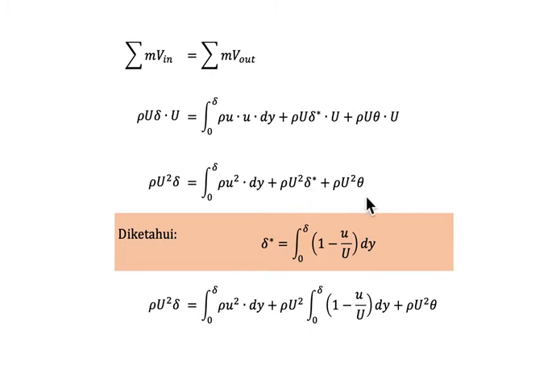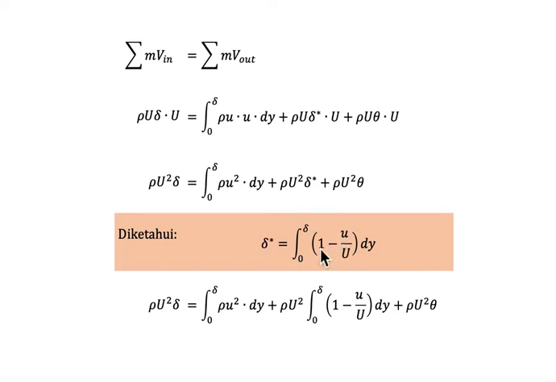We need to simplify this equation to know what the equation for theta is. However, we have another unknown term here, which is delta star.